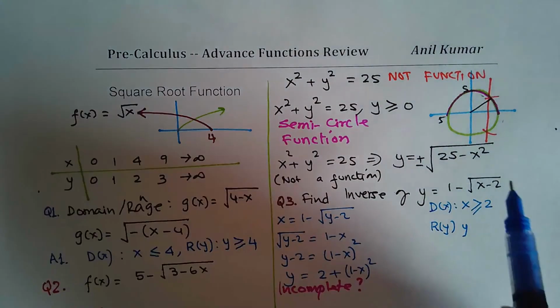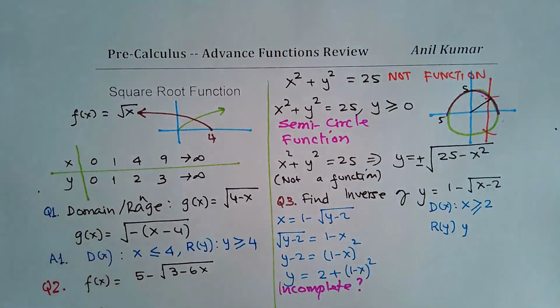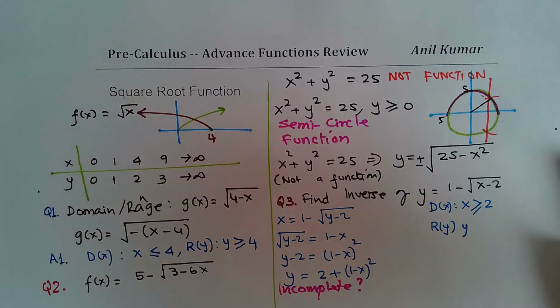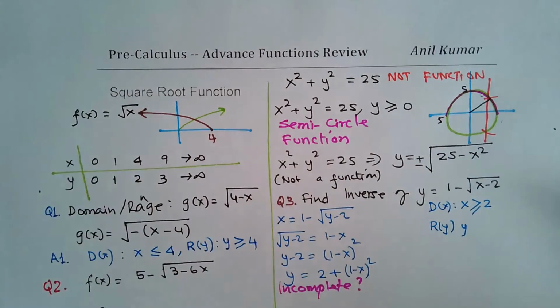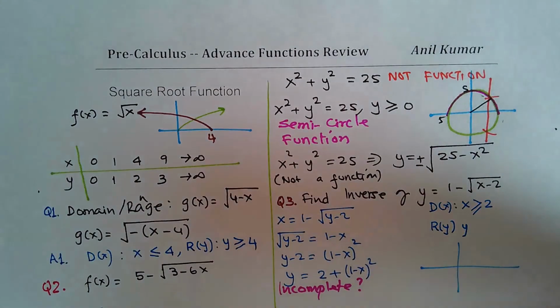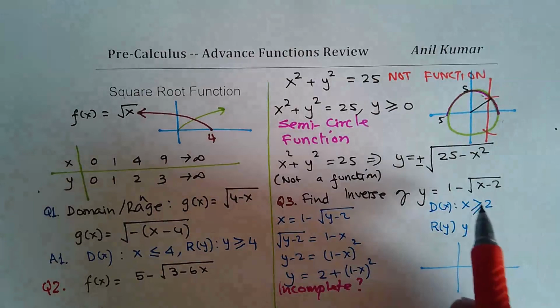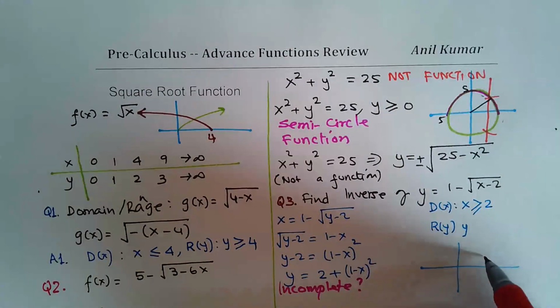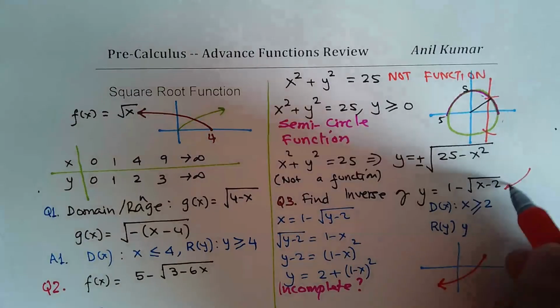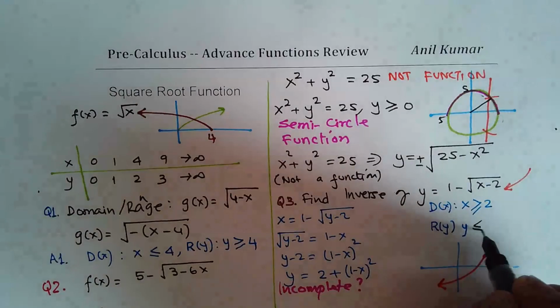And if I put x greater than 2, that's fine. What is the range? Let's try to sketch this function and find the range also. As you can see, here we have reflected from 1, right? Since we reflected from 1, we are at 2 here, and the graph is kind of like this. That is this function. Is it okay? So the range here is y less than or equal to 1.